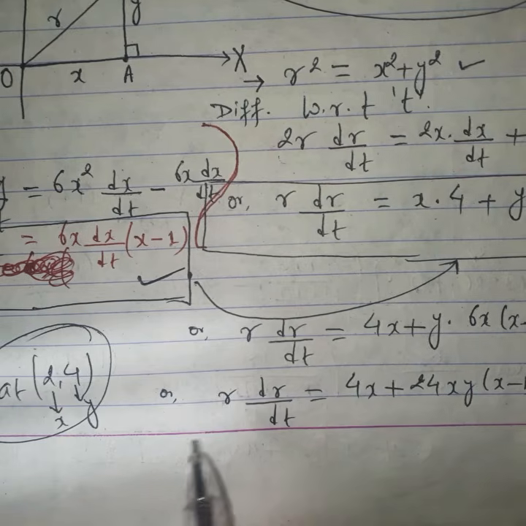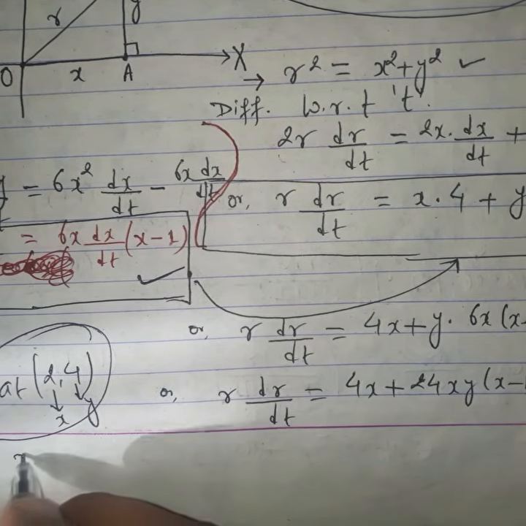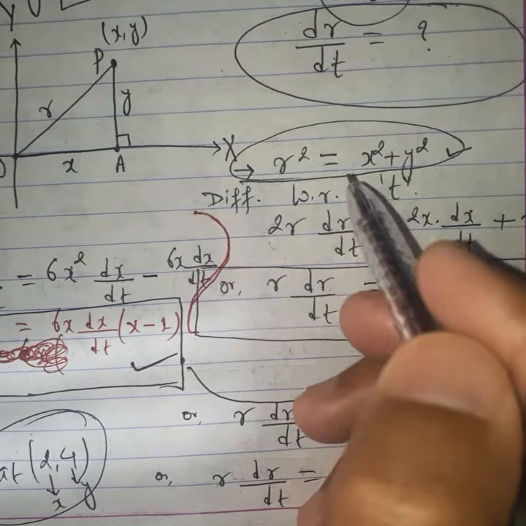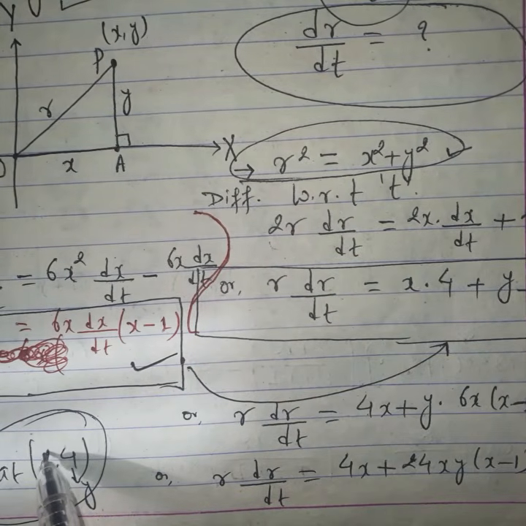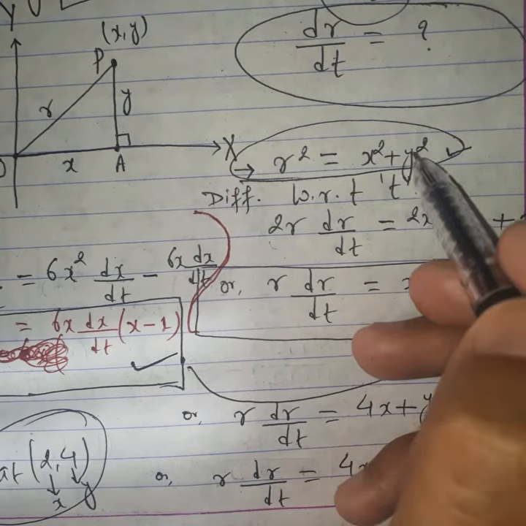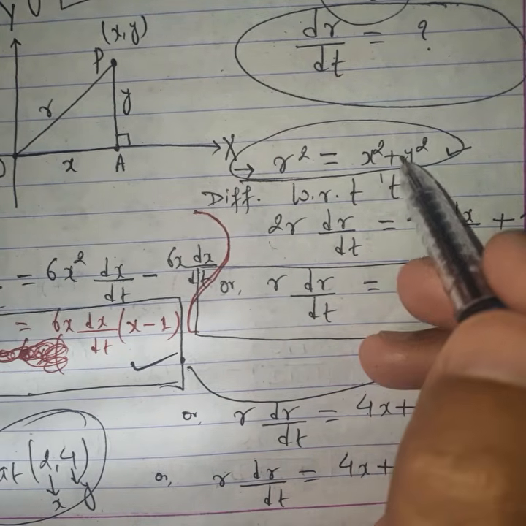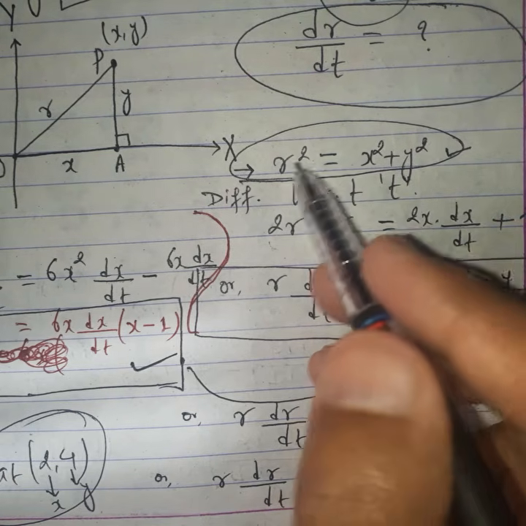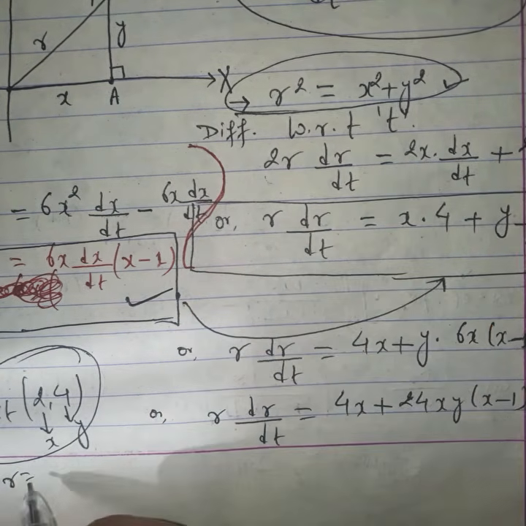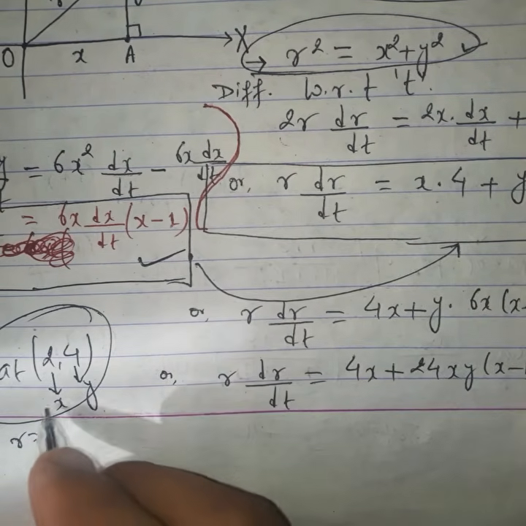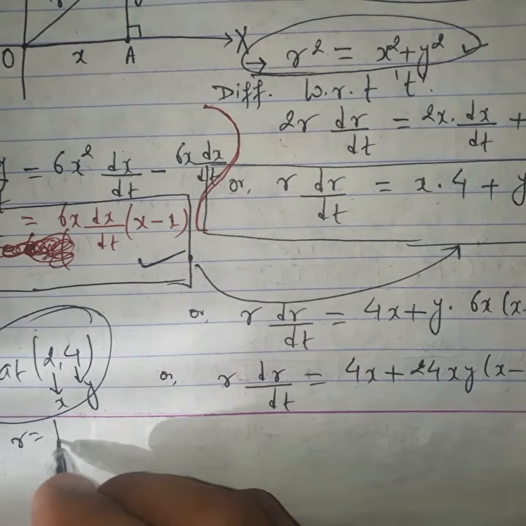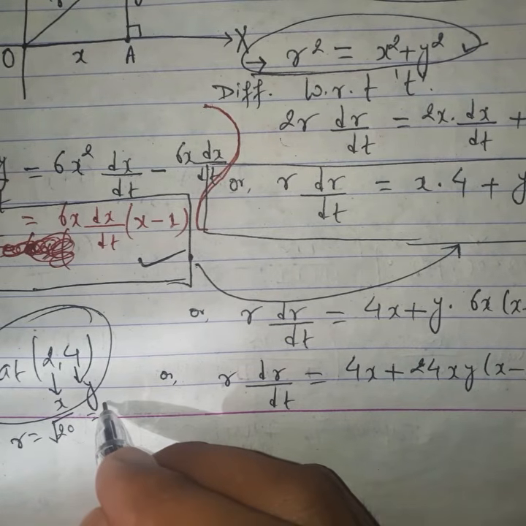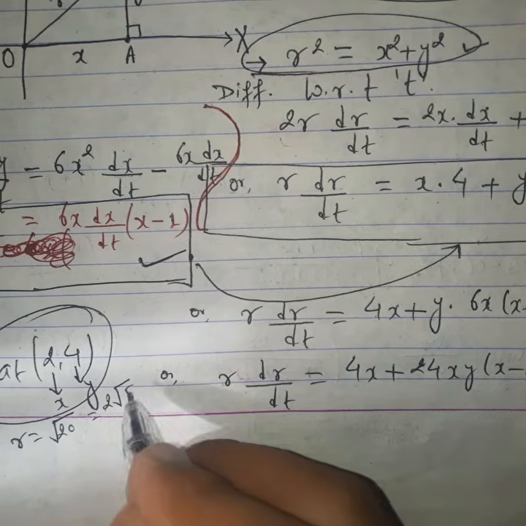We can use this relation to calculate the value of r. x square plus y square, 2 square plus 4 square, 4 plus 16 gives 20, so r square is 20. The value of r will be square root 20, which is 2 root 5.